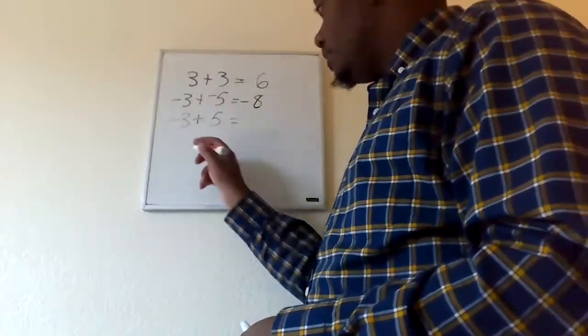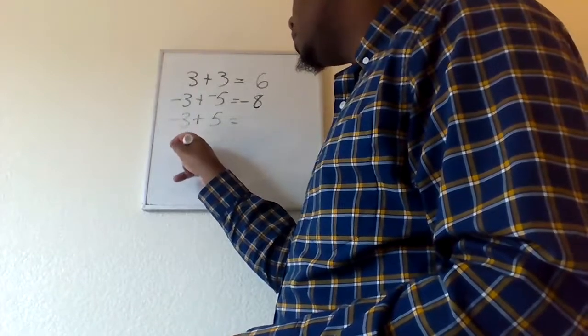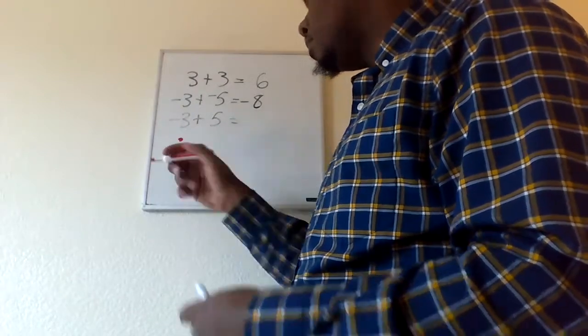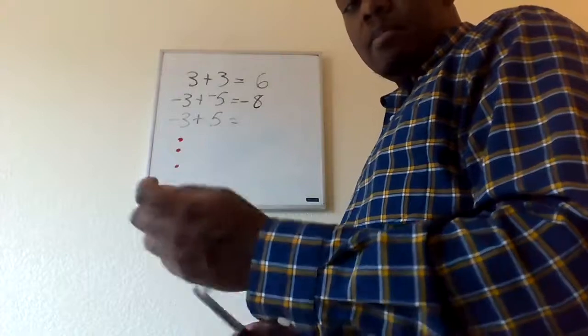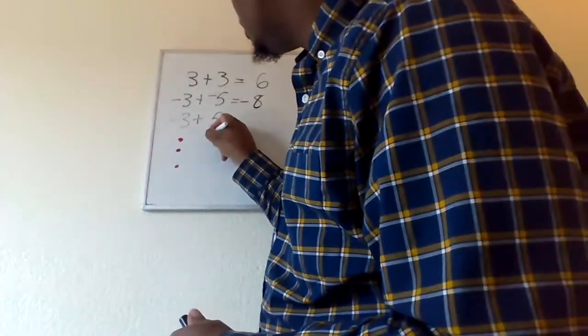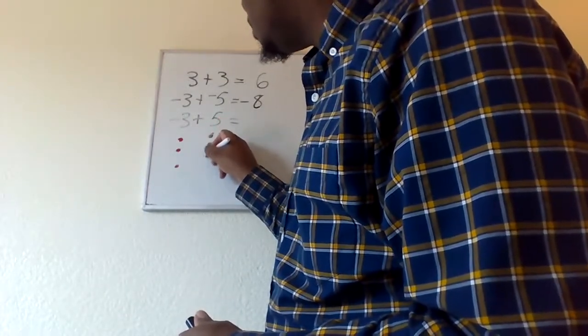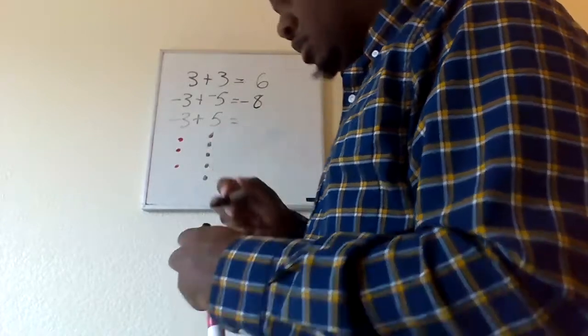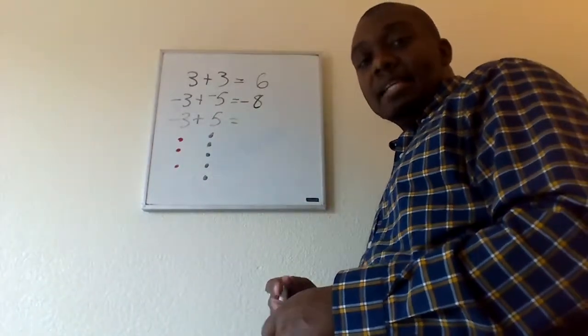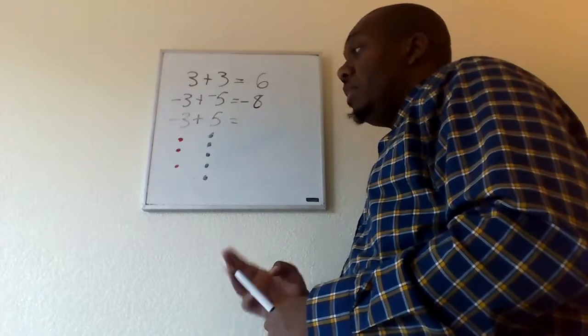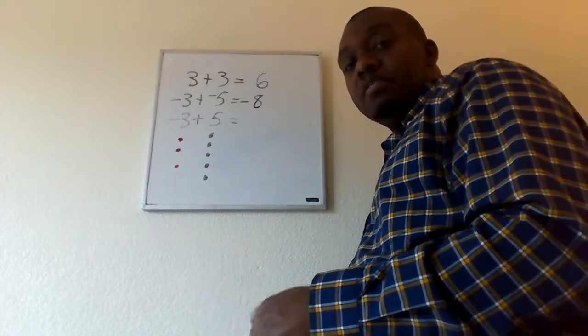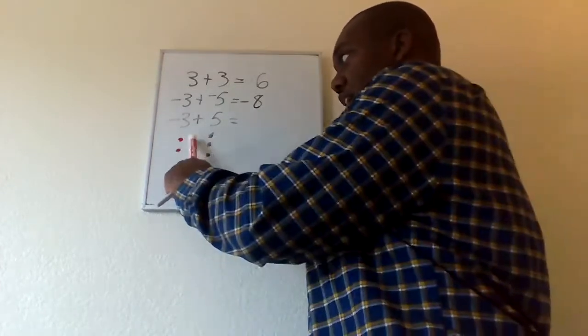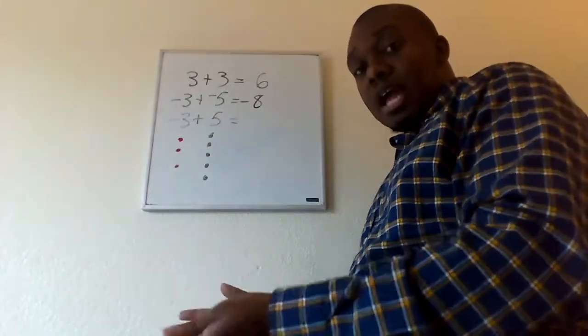I'll do red for negative, and I'll do black for positive. So we have 5 blacks and 3 reds: 3 negatives plus 5 positives. Each of these negatives and positives will counteract each other, right?